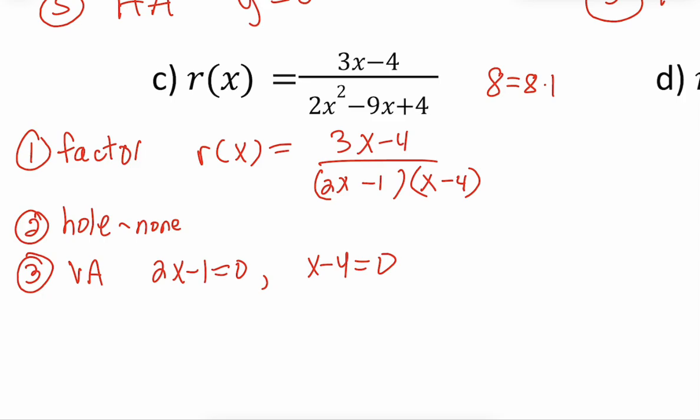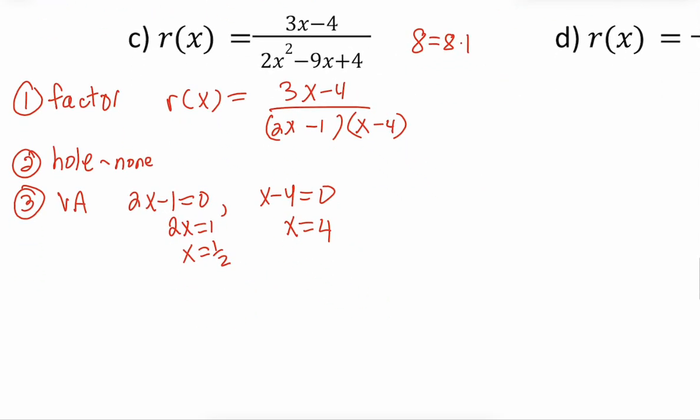Our graph is going to be broken down into 3 pieces. We have to skip a value of 1/2 and we have to skip a value of 4. So we will look at the graph. I want to show you how it breaks down into multiple pieces, because we have to skip 1/2 and we have to skip 4.